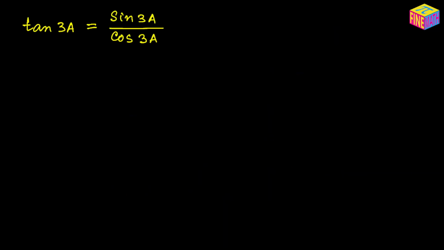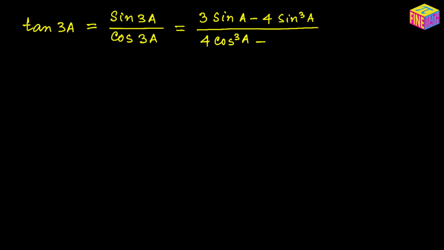So tangent of 3 times a can be written as the ratio of sine of 3 times a over cosine of 3 times a, and we just derived the values of sine of 3 times a, which is actually 3 times sine of a minus 4 times sine cubed of a, divided by cosine of 3 times a, which is actually 4 times cosine cubed of a minus 3 times cosine of a.